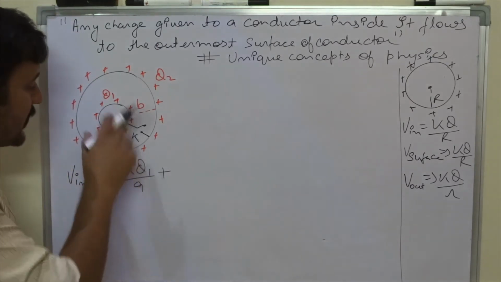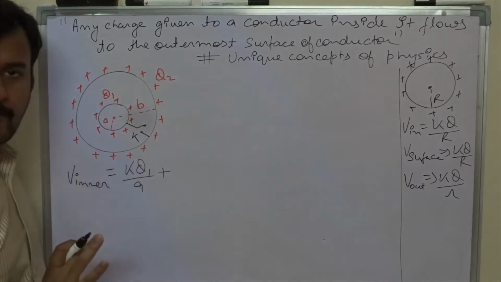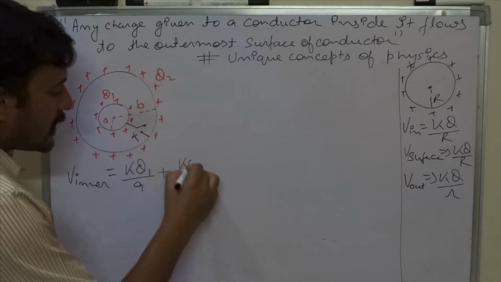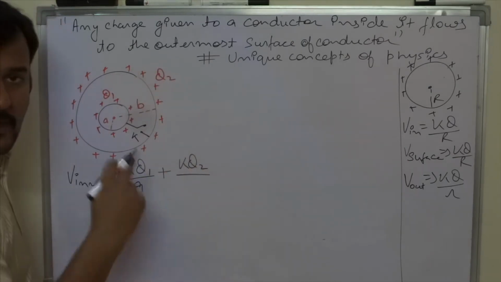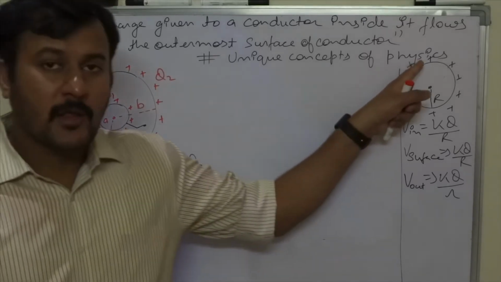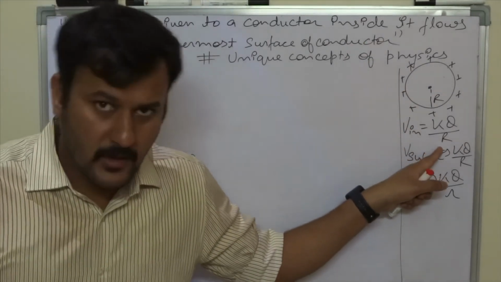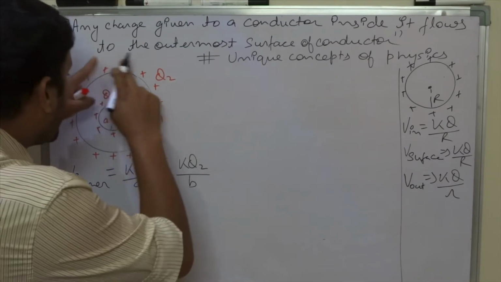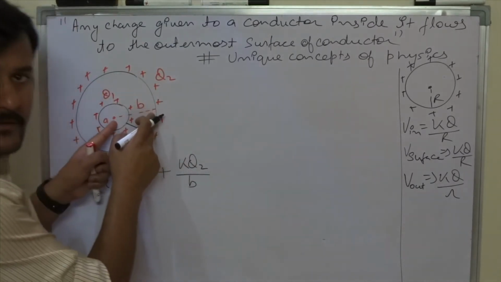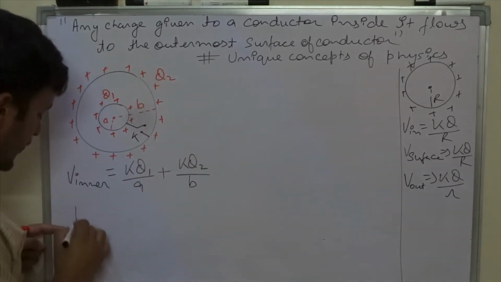So the potential of the inner sphere due to itself would be K Q1 by A, and due to the outer sphere it would be K Q2 by B. I've already written that potential due to any sphere inside it depends on its own radius. So the potential of the bigger sphere inside it would depend on the radius of the bigger sphere and the charge of the bigger sphere.